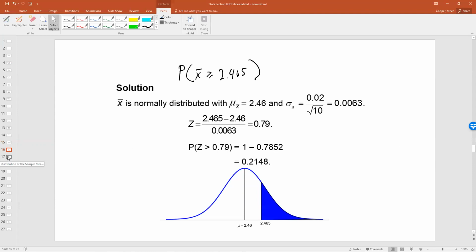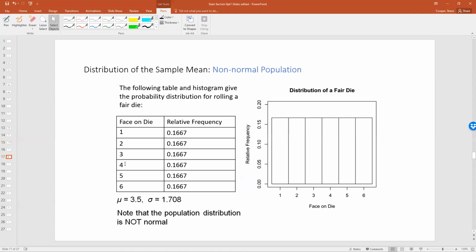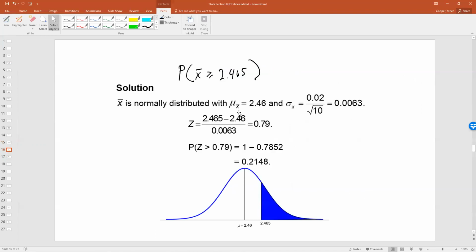Okay, any questions here before we move on? What's going on with the sample distribution of sample means? Okay. All right. So that's great if your underlying population was normal to begin with. Okay, so let's put that aside, and now let's talk about another situation where the underlying population itself is maybe not normal.